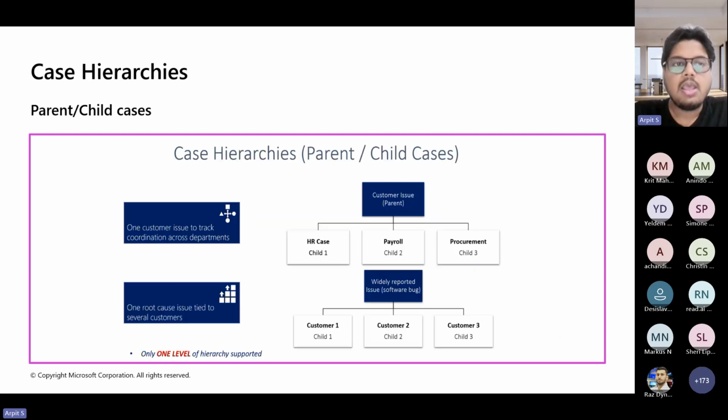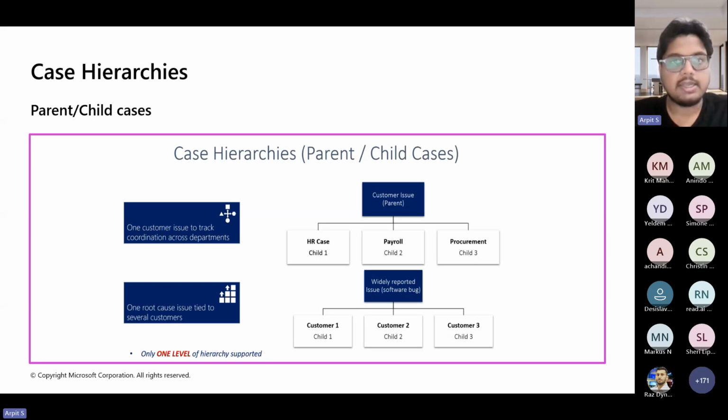Okay. And related to case management, we have the case hierarchy as well, because sometimes customers that belong to a particular organization or company can have the same issues. So you can combine all those child cases to the parent case.